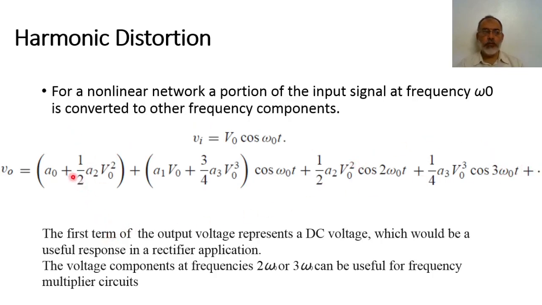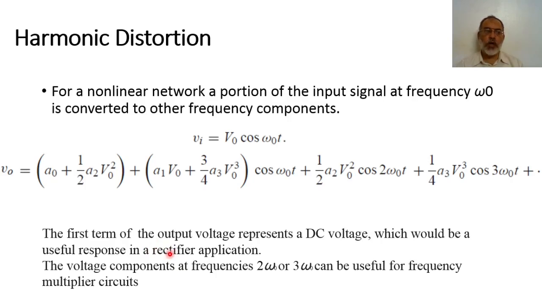The first term of the output voltage represents the DC voltage, which is a useful response in the case of rectifier applications. Rectifier applications are basically used in microwave detectors, and also, recently, this rectification effect is used in wireless power transfer.